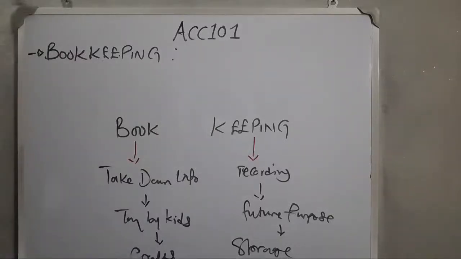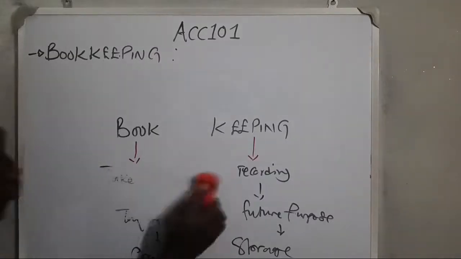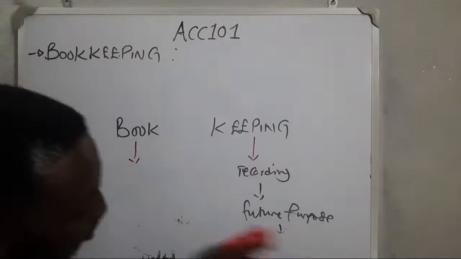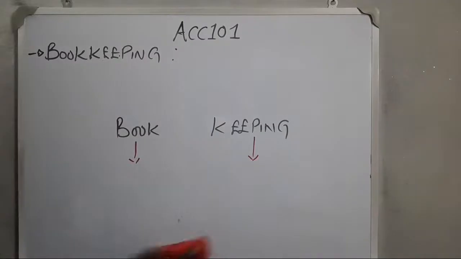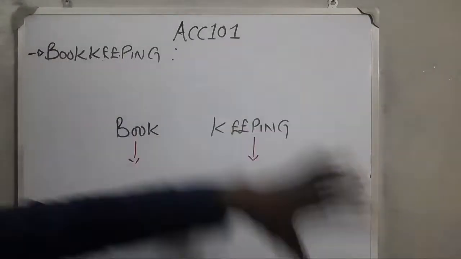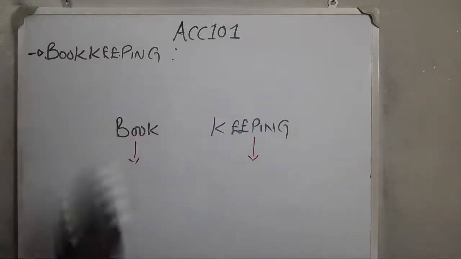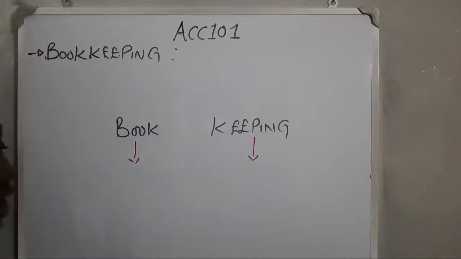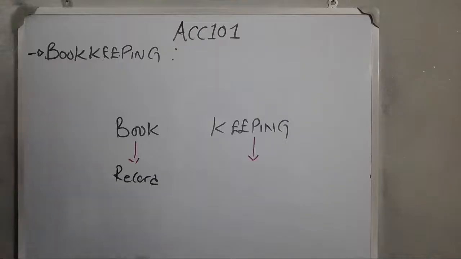Now these are just random things, but let's bring it down to what we are doing in today's class. This is ACC101. Now, in accounting, why do we need books? Why do we keep things? In accounting, book is used to record.